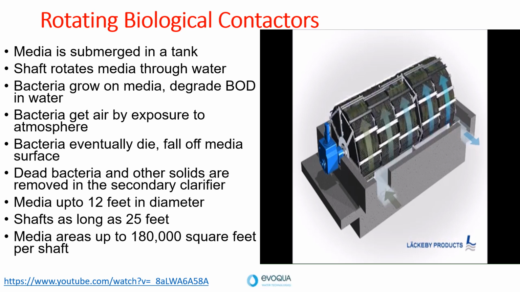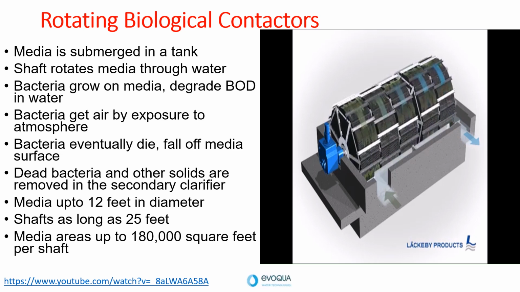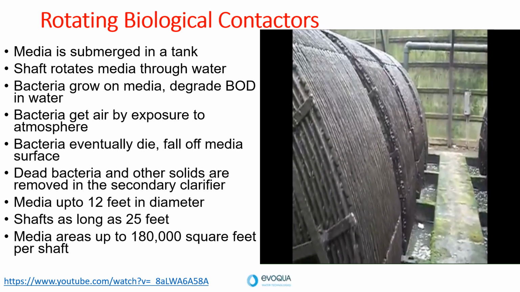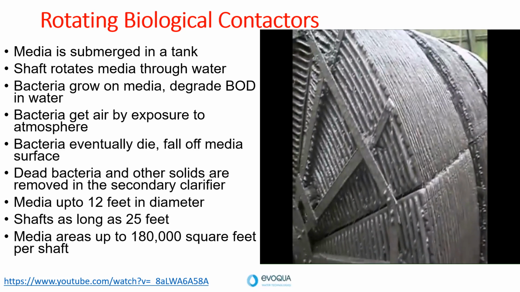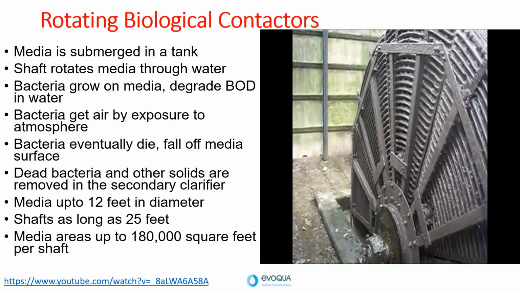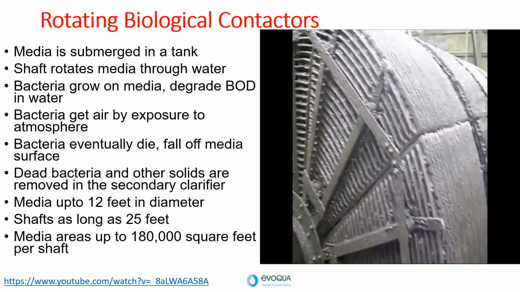And here the bacteria, so around 35 to 40% of the media is immersed in the wastewater. So when it is in the wastewater, it is going to act on the BOD, and the bacteria will be making use of the BOD as the nutrient, and it will grow.